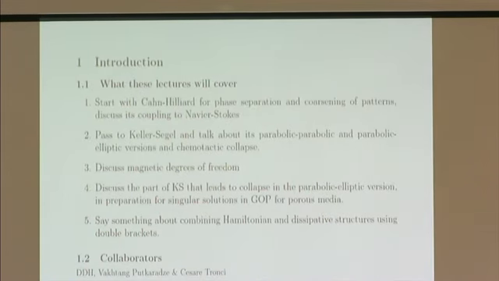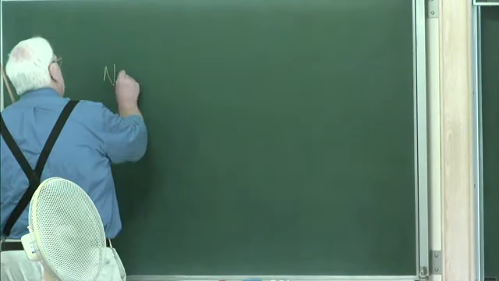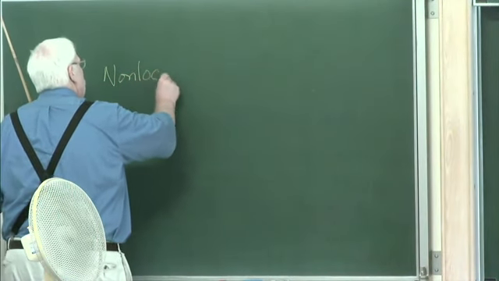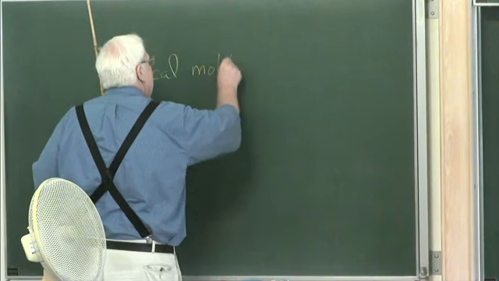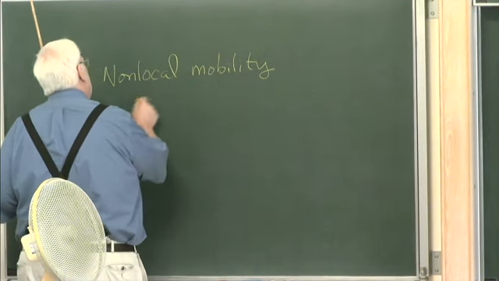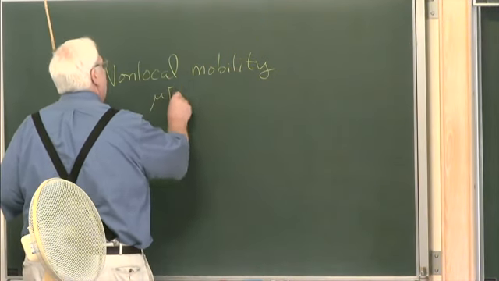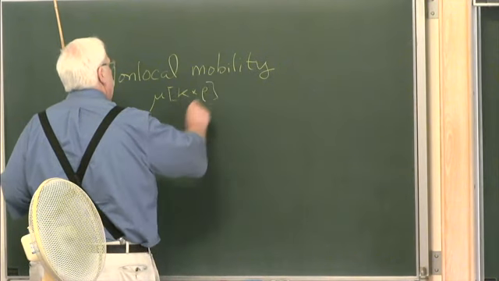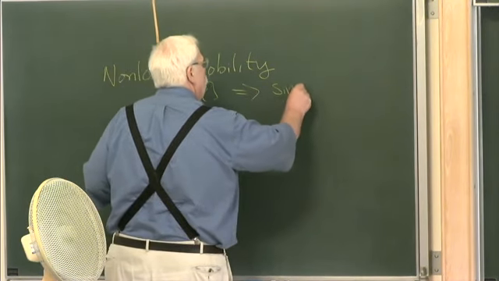What we showed before is that there were two main ideas in this talk. That non-local mobility, so that say you have a mobility that depends on the density, but in fact it's a smooth version of the density, leads to singular solutions.